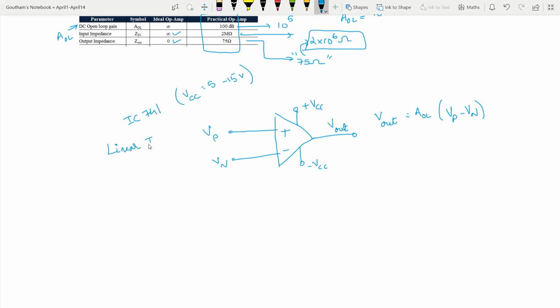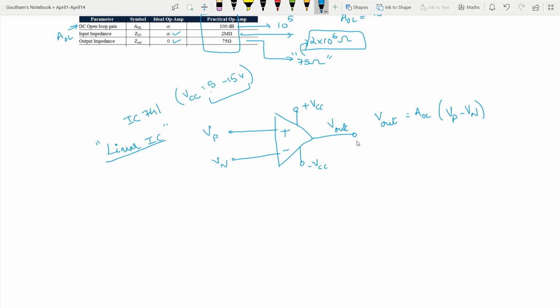We need not read too much into the term linear IC, but what it means is that its power supply can be varied, it has a range. The input and output characteristics scale accordingly, so that is why it is called a linear IC. Now back to our discussion.